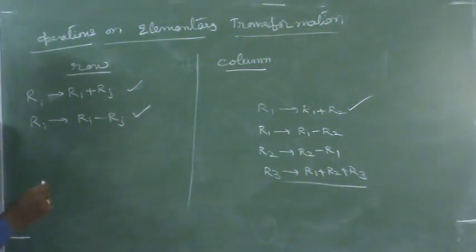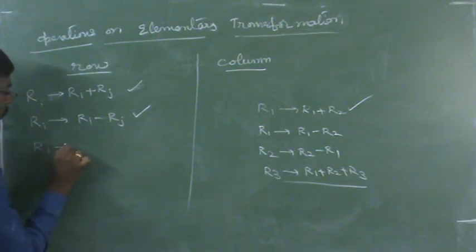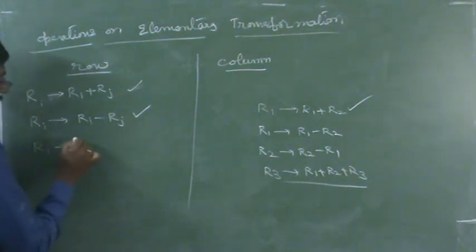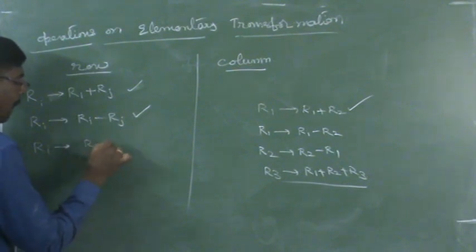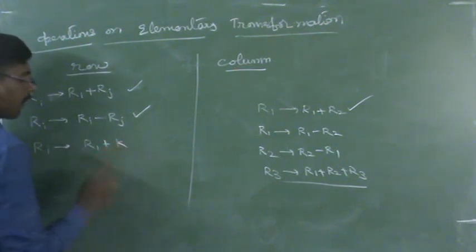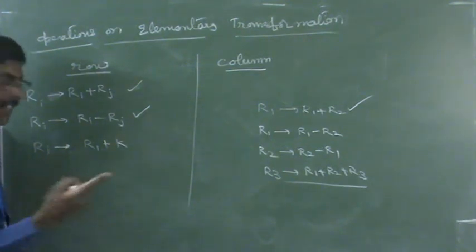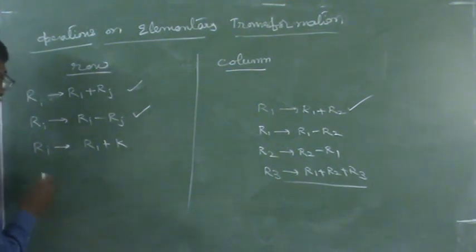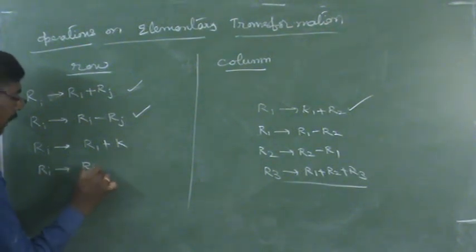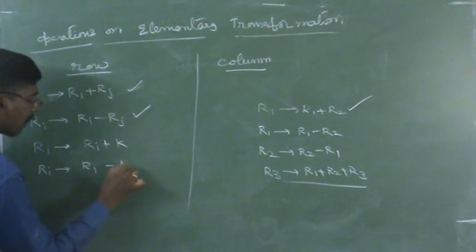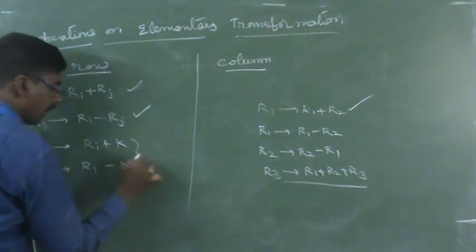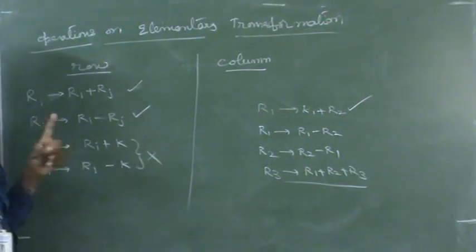Okay, now next, for example, Ri tends to Ri plus some constant, like 2, 3, 5, 7, some constant. Ri tends to Ri minus some constant. This does not exist. Very important for you.